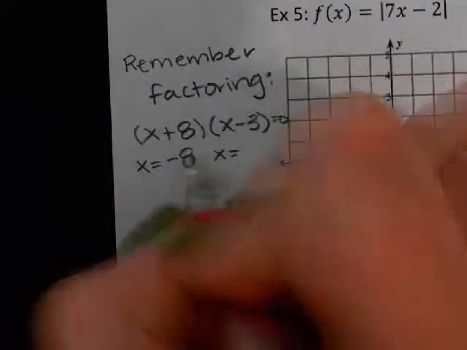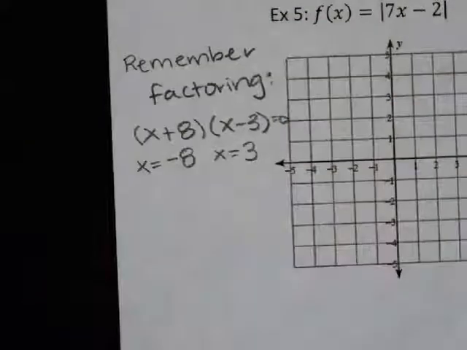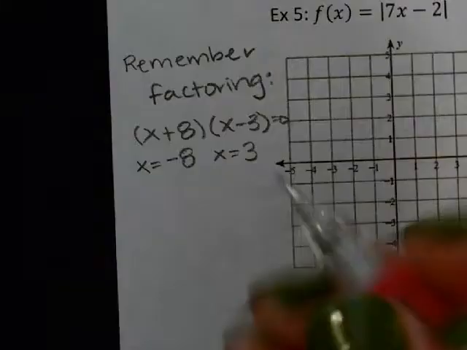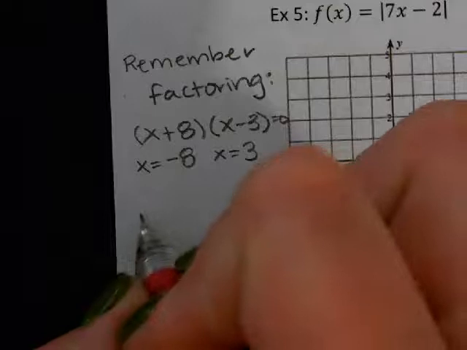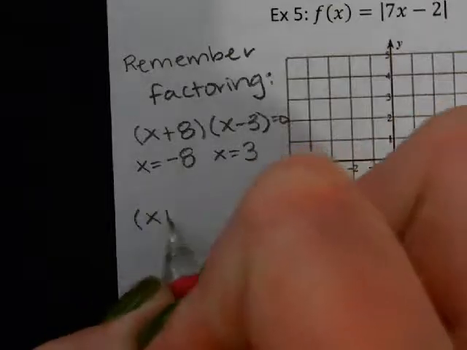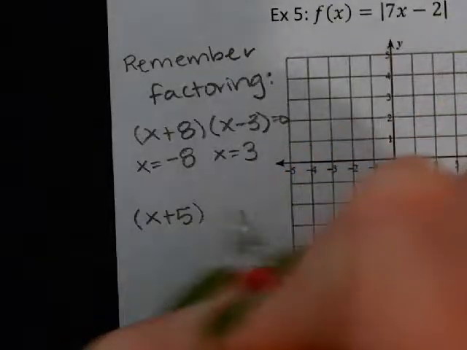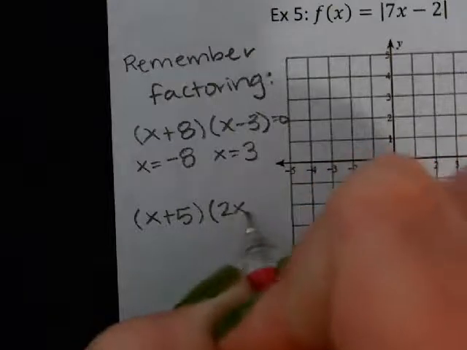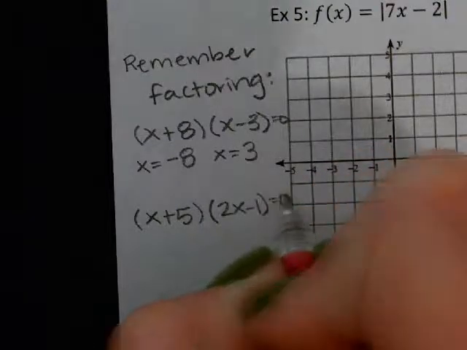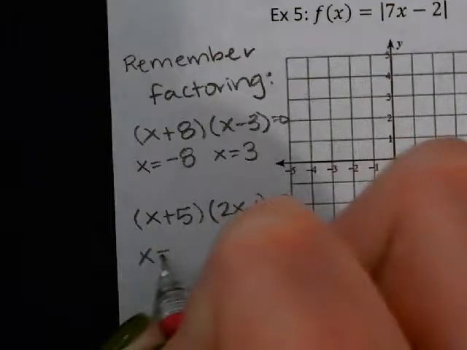And then you might have a problem like x plus 5, and then maybe like 2x minus 1. So this one, what would the first one be? -5. Anyone know what the second one would be? 1/2.